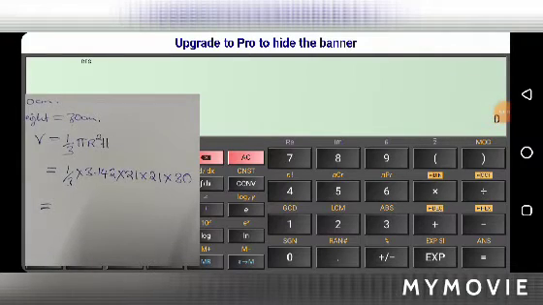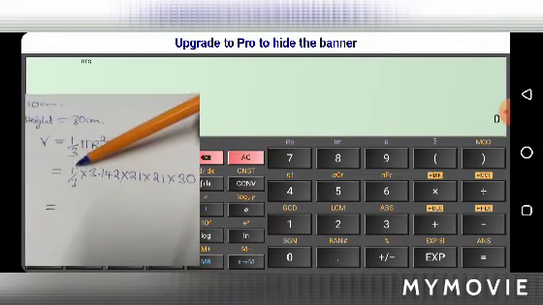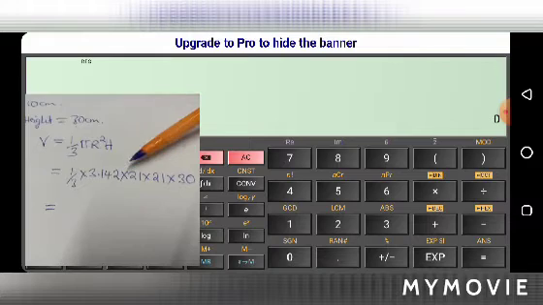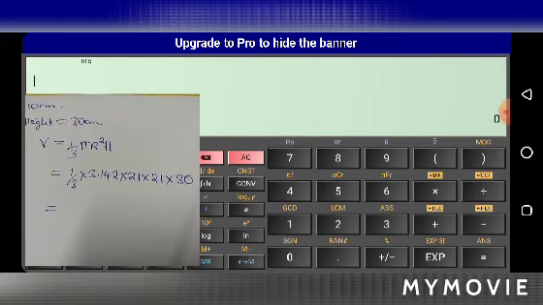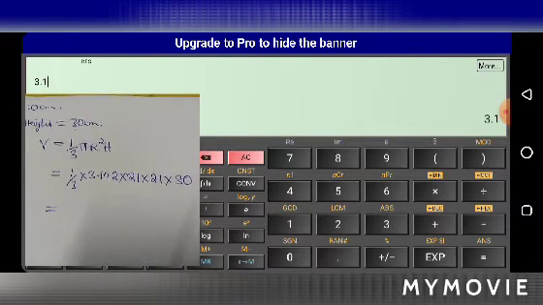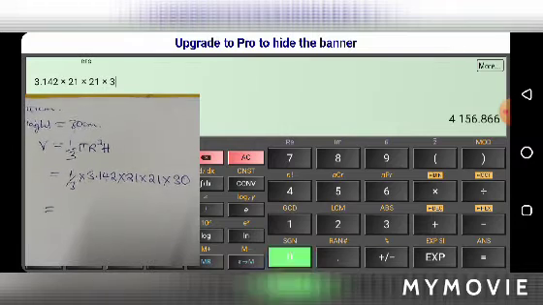Let's see how we can get this by punching it on the calculator. So we have 1/3 times 3.142 times 21 times 21 times 30. All we have to do is punch that on our calculator, and then we should get the volume. So we have 3.142 times 21 times 21 for r squared times our height, which is 30.